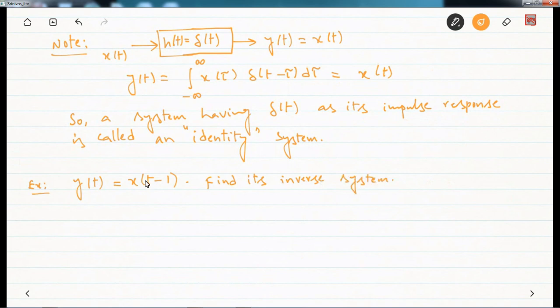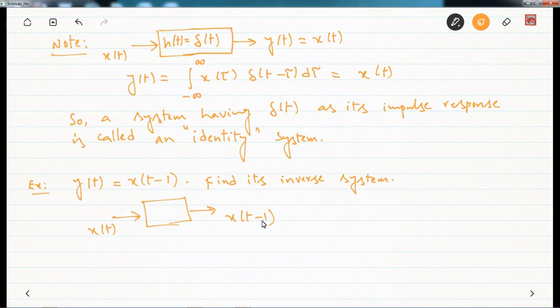So we are given an LTI system. If the system input is x of t, its output is x of t minus 1. If you give to the system x of t, then the system gives you an output x of t minus 1, a delayed version of the input.